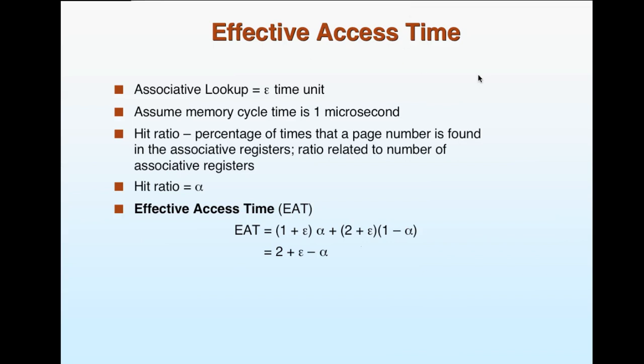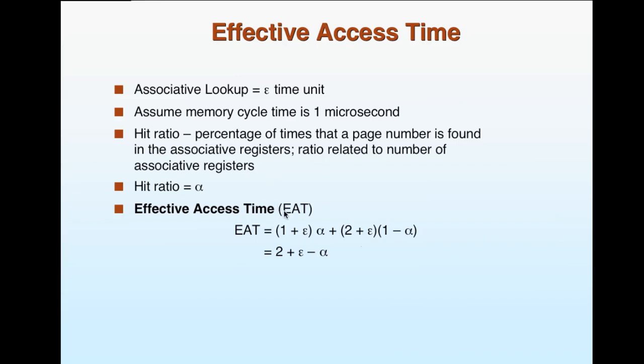So when we talk about memory, we talk about the effective access time. The effective access time, or EAT, is based on the associative lookup time, which is a time unit. We assume the memory cycle is 1 nanosecond or microsecond, and we can create what's called a hit ratio, which is the percentage of time that the page number is found in the associative memory. The ratio is related to the number of associative registers, perhaps.